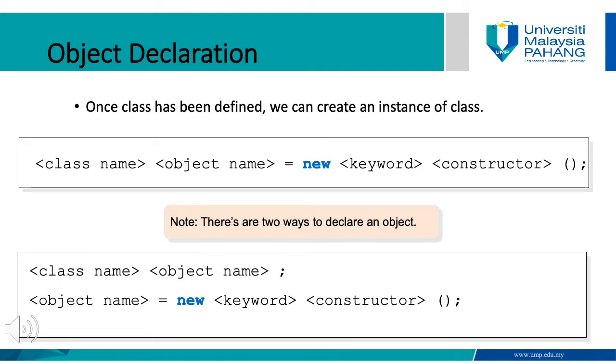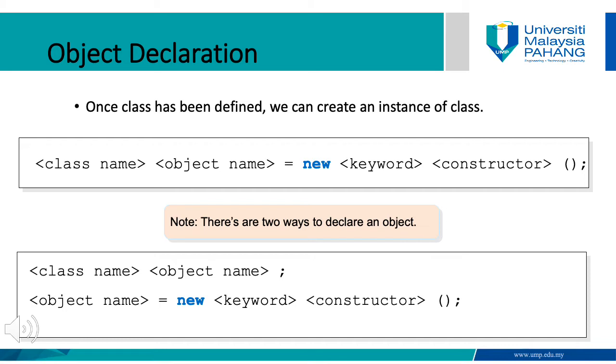And now we will learn how to do object declarations. So once we already define a class, we need to create an instance of the class. Normally, first we put the class name followed by the object name, and then equal to the new keyword and the constructor.